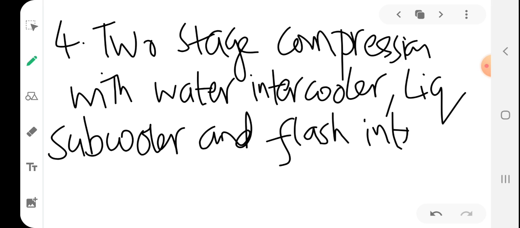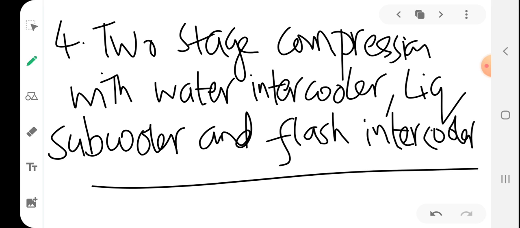So there is a slight difference between flash chamber and flash intercooler, okay?